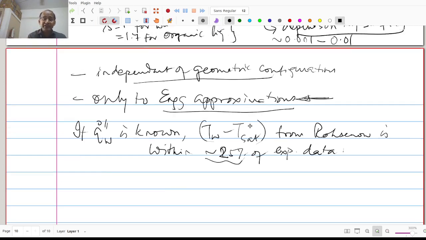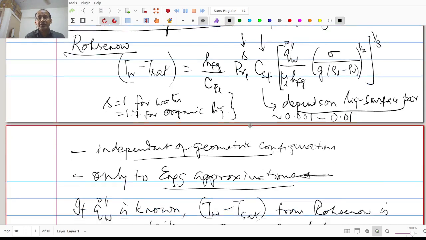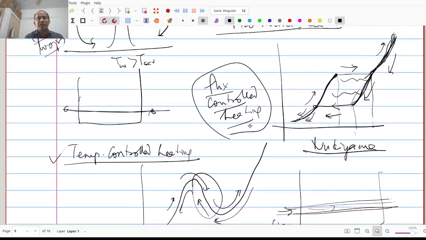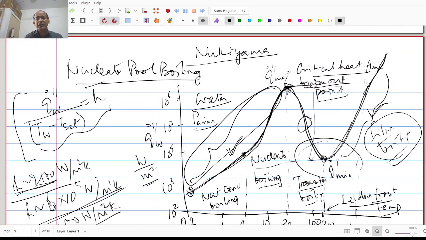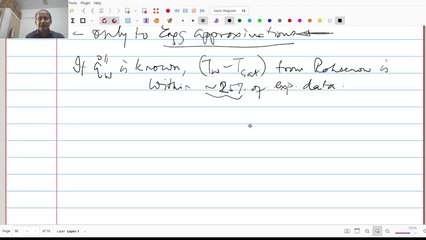But if the same equation is reversed, so if I know the value of T_wall minus T_sat and I want to get the value of q_wall, you see that this becomes a more complex expression, and because the curve itself is such an S-shaped curve on a log-log scale, the accuracy with which it can be respected is affected substantially.